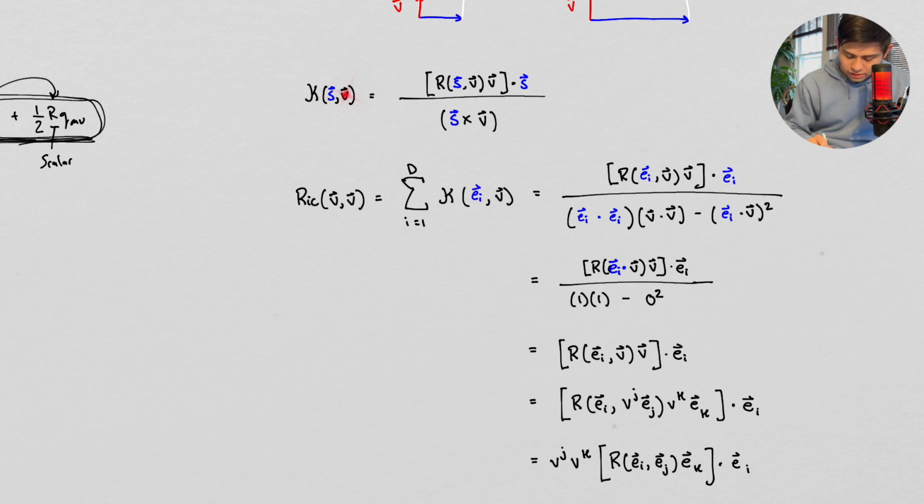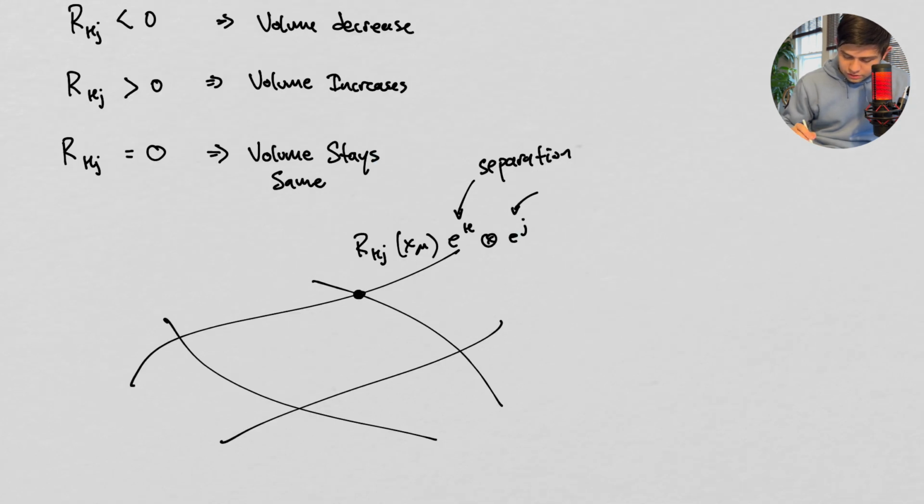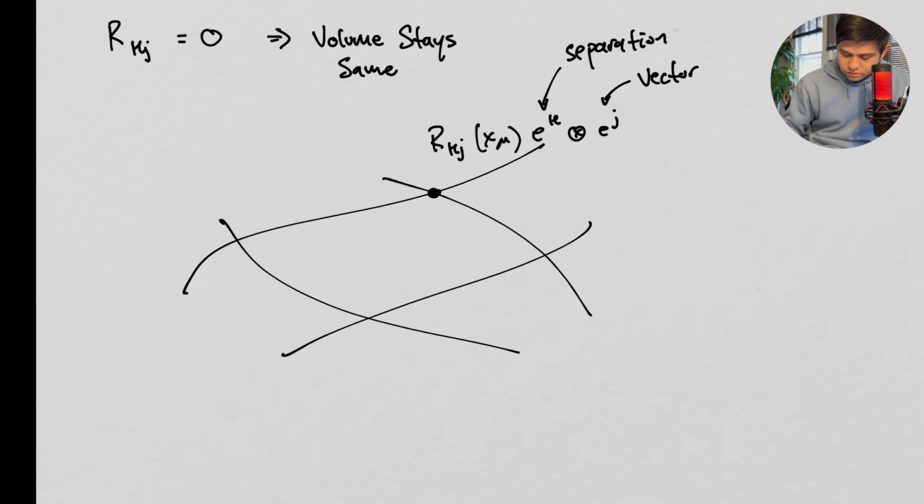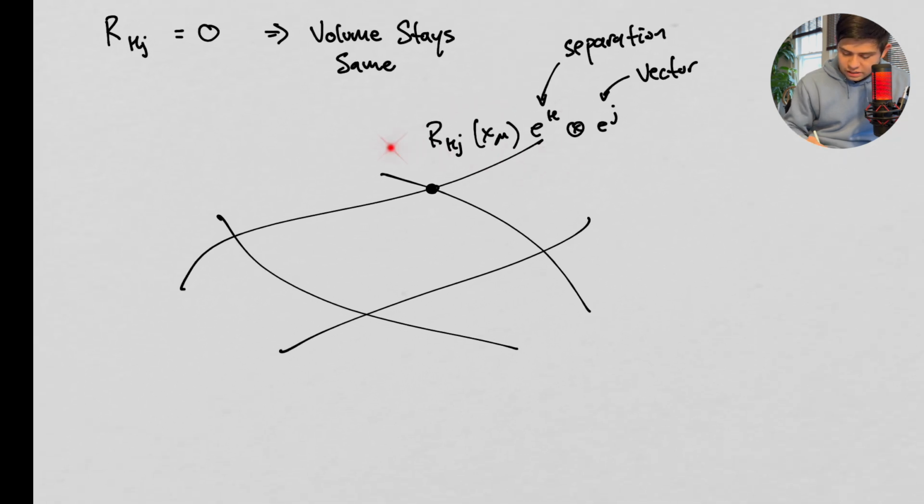Separation vector and the vector that's being transported. And so I'll just call that vector right now. This is a covariant, or a contravariant, right? Contravariant vector. And so this is a Ricci tensor, and it exists everywhere in space.